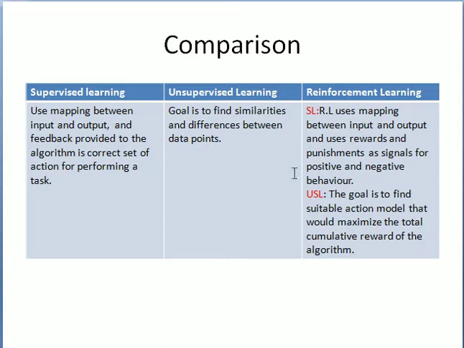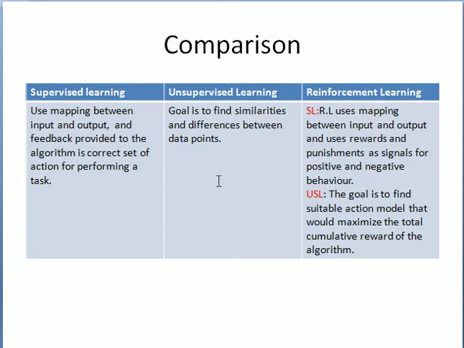Okay. When we compare unsupervised and reinforcement learning, it is different in terms of goals. While the goal in unsupervised learning is to find similarities and differences between data points, if you check out the video, you'll know how the data points get clustered by seeing the similarities and differences. Okay.